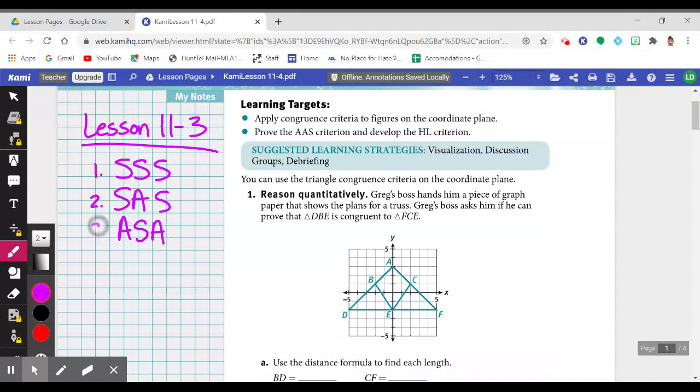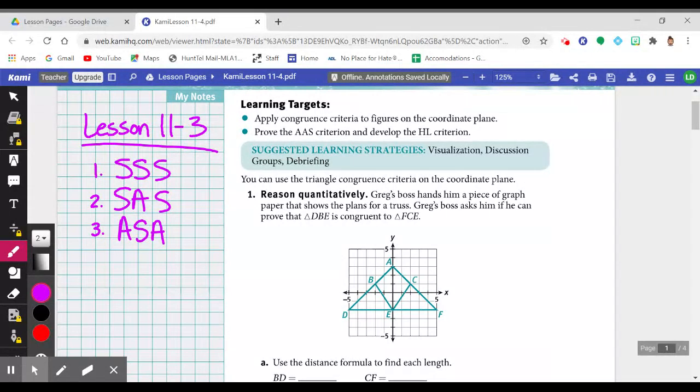And then we also looked at angle, side, angle, which says kind of the opposite now. If two angles in the included side of one triangle are congruent to corresponding angles in included side of another triangle, then the two triangles are congruent.